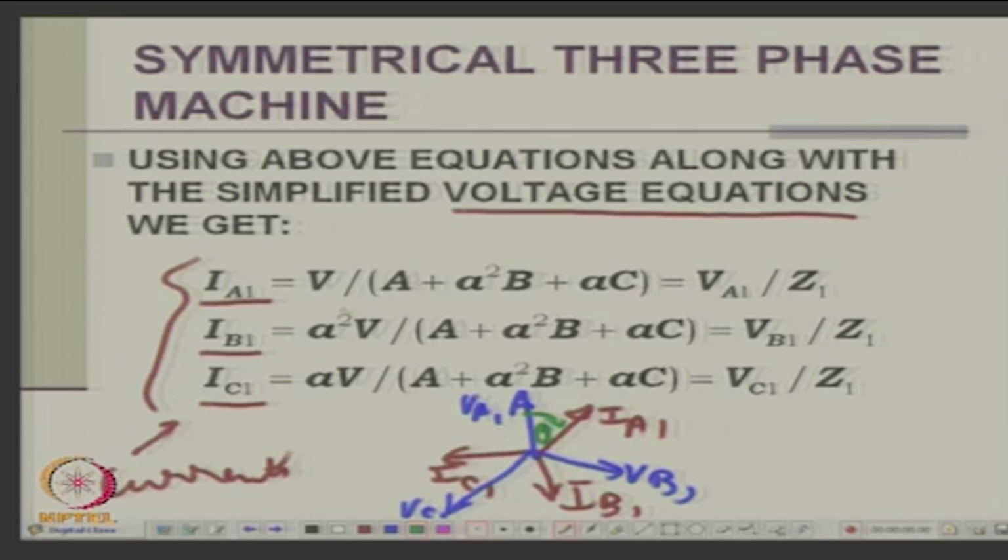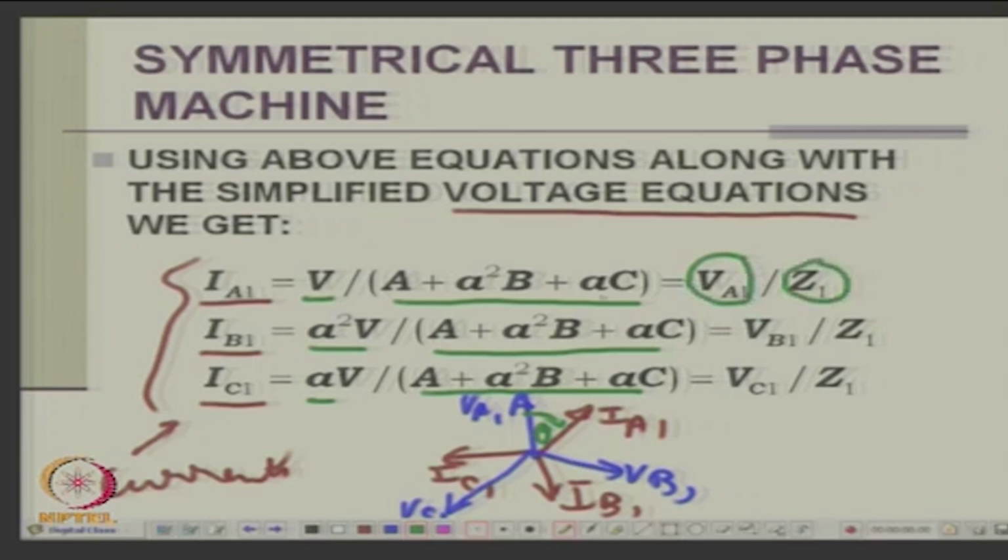Okay, now we can call this: IA1 will be the voltage divided by (A plus a square B plus a C), IB1 will be a square V divided by (A plus a square B plus a C), and IC1 is a V divided by (A plus a square B plus a C), right. So, it will be whatever is VA1 divided by Z1.